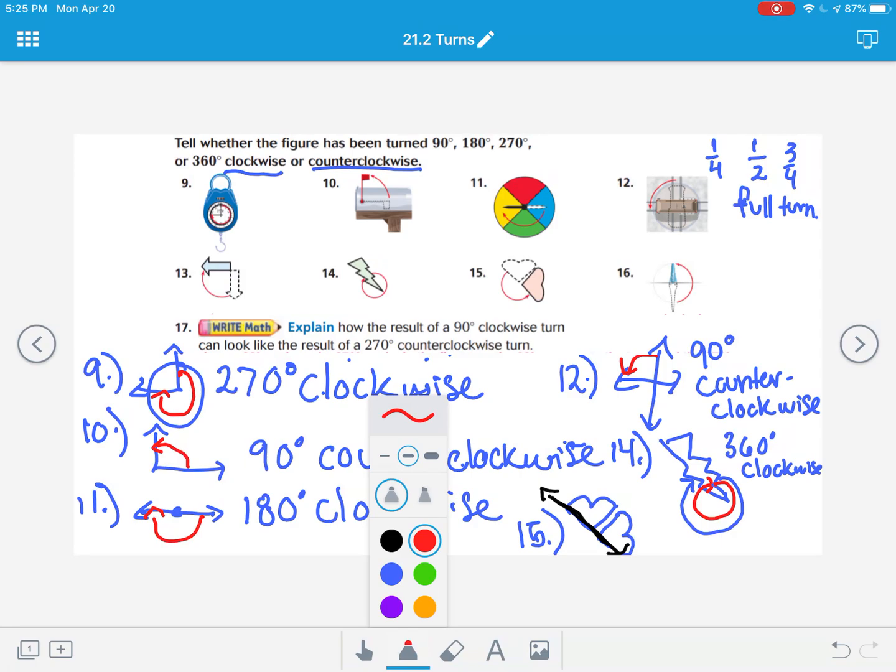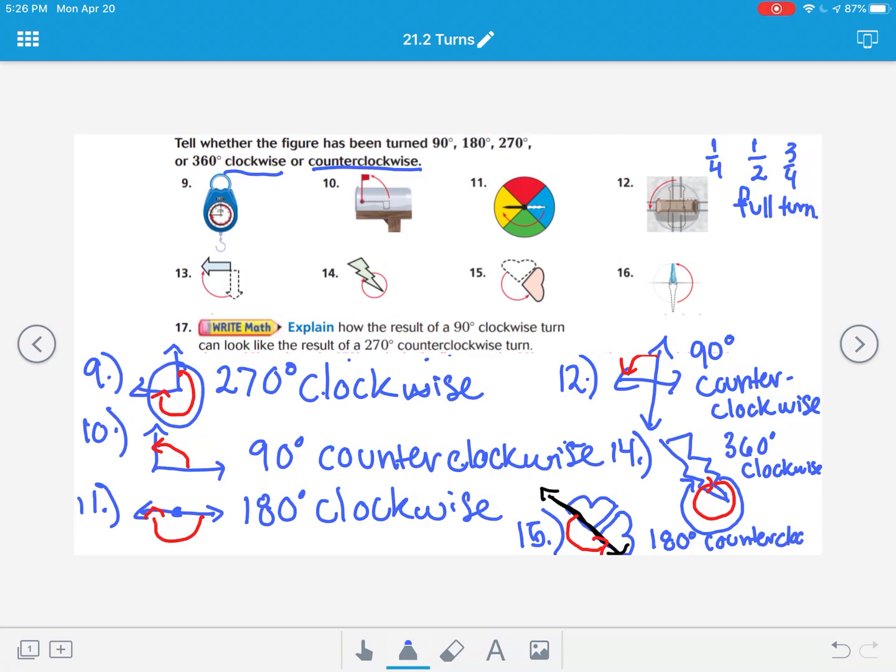And the turn that is being made is having the heart start at the top, and it's being turned across this line in a half turn. The heart is starting at the top, it's being turned by a half turn. That's a 180-degree turn. A half turn is 180 degrees. Is that moving clockwise or counterclockwise? It's moving in the opposite direction of a clock, so that would be counterclockwise.